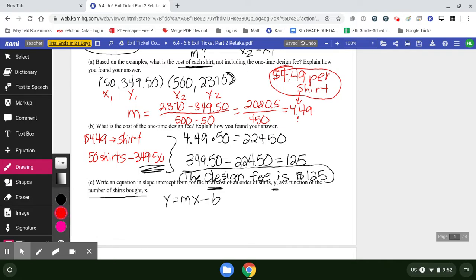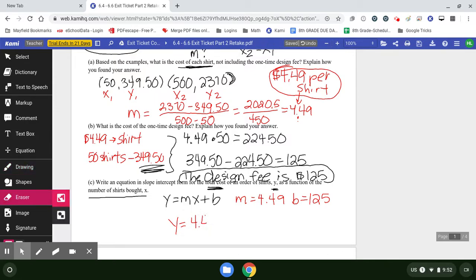My m was step A, 4.49. My b was step B, 125. So when I write my equation, y equals 4.49x plus 125.